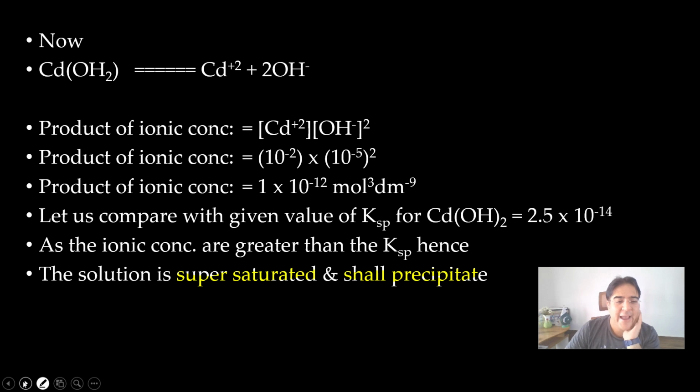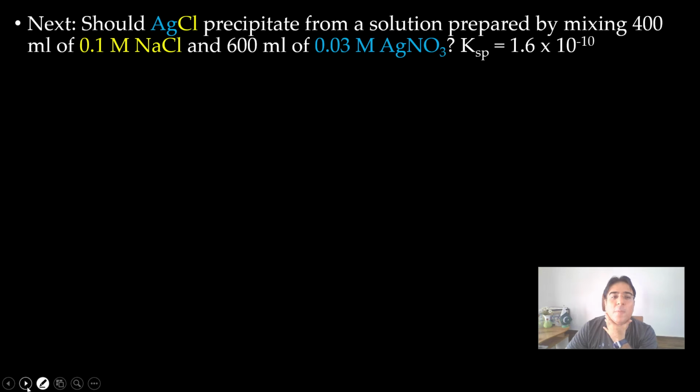All right, and the next problem, the last problem, is basically almost the same. Should AgCl precipitate? It means they're asking if it is supersaturated or not. This time, look at the values. 400 ml of 0.1 NaCl, 600 ml of 0.03 AgNO3.